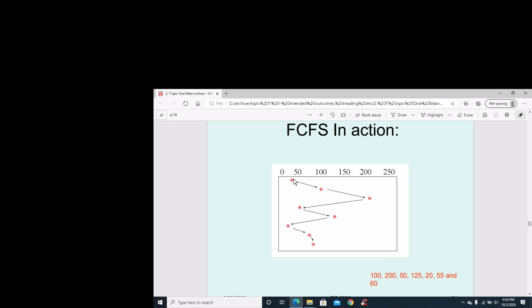It's 100 minus 40, which is 60, plus 200 minus 100, so that's 160, and then you've got this length, so it's 200 minus 50, so another 150 sectors it has to cross, and so on.